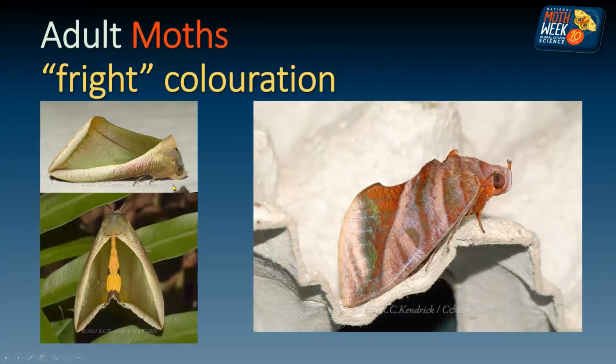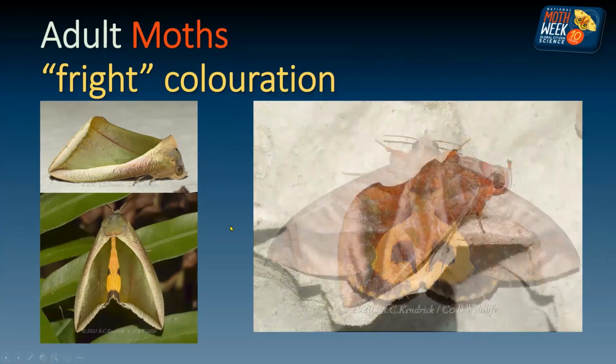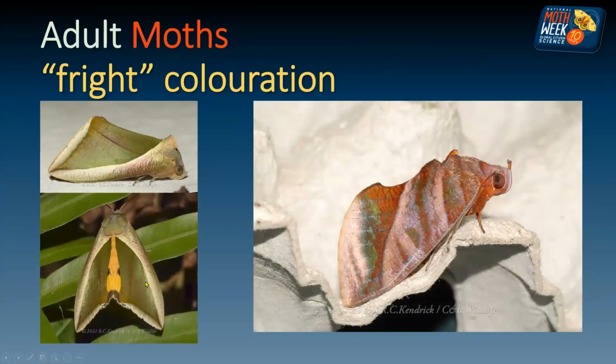Now, one approach is looking like something else. Other approaches provide combinations of some of the previous concepts. Here we're combining camouflage, the crypsis, so the forewings are all camouflaged, with fright coloration, such that the hindwings use aposematic colors, bright and simple patterns that are easy to recognize and startle.